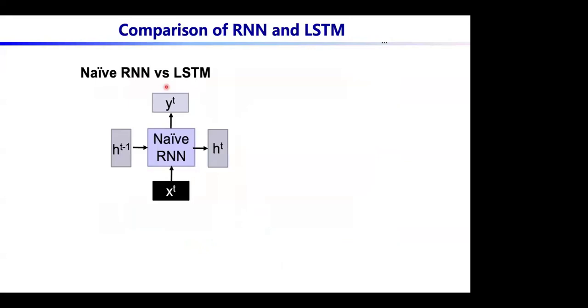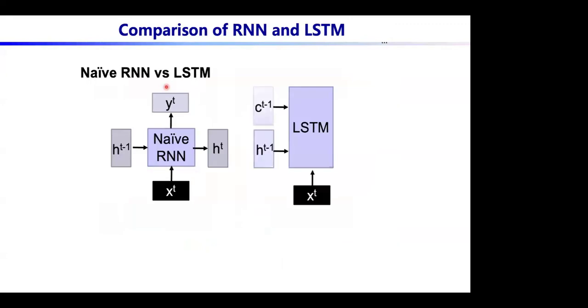Now we want to compare the difference between RNN and LSTM. Remember that LSTM must have two arms now, not just one historical arm. It has a long historical record arm, and of course both should still have this current condition input.